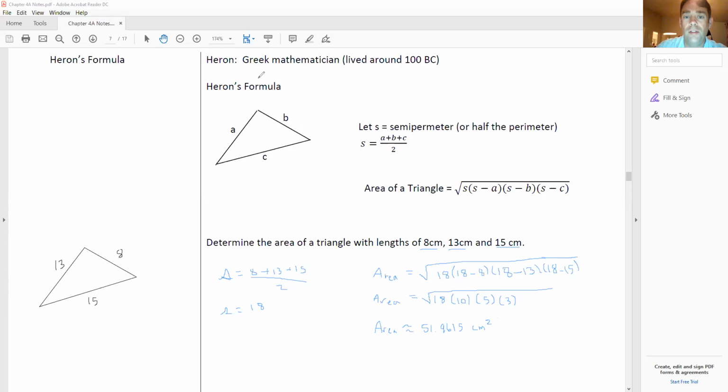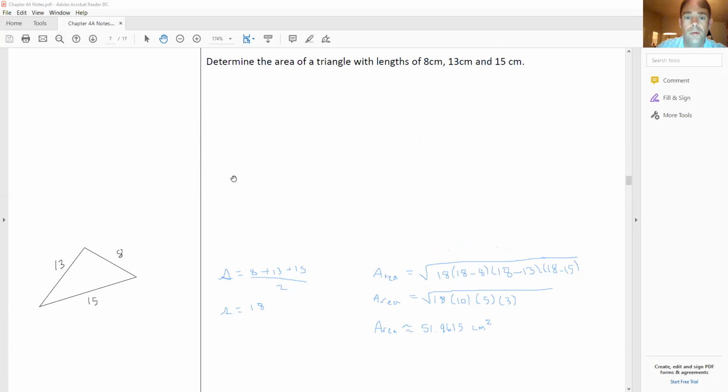So let's go back now and take a look at some here briefly. Let's go back to that very first triangle we had, the very first triangle that we were solving today with law of cosines. If you remember, it was all three sides.